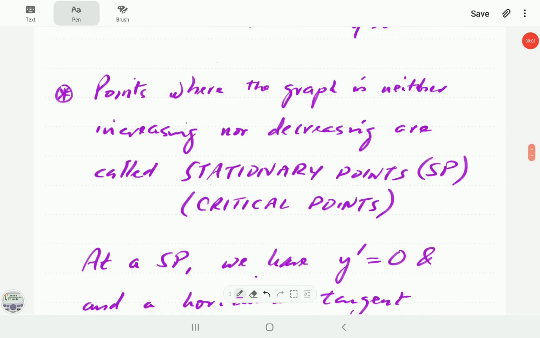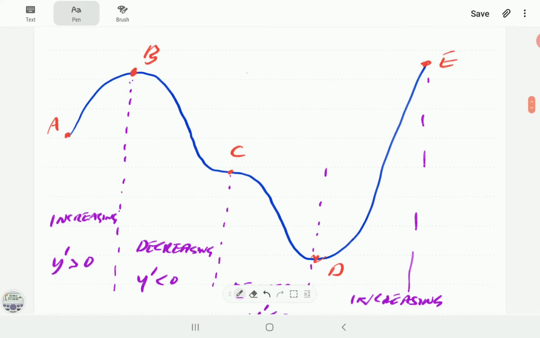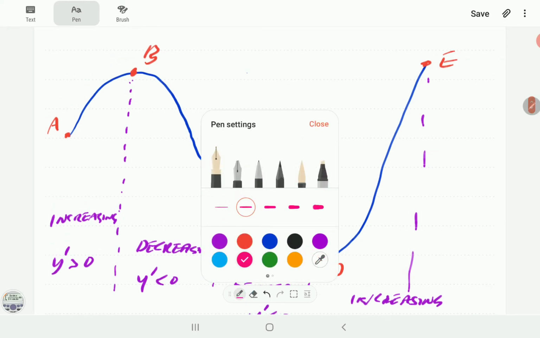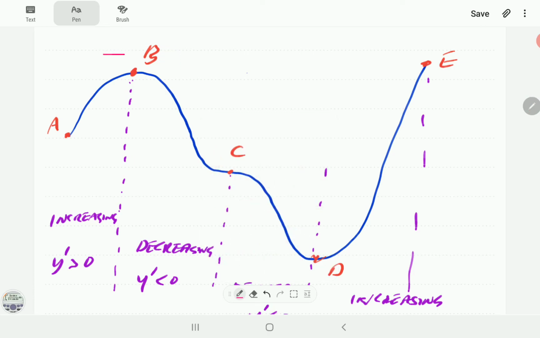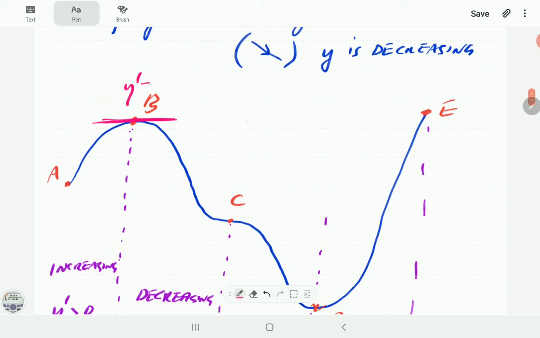All right, so if we go back and look at this graph, then B, for instance, is a stationary point here, and the tangent at B is going to be horizontal. So at B, y prime is equal to 0.